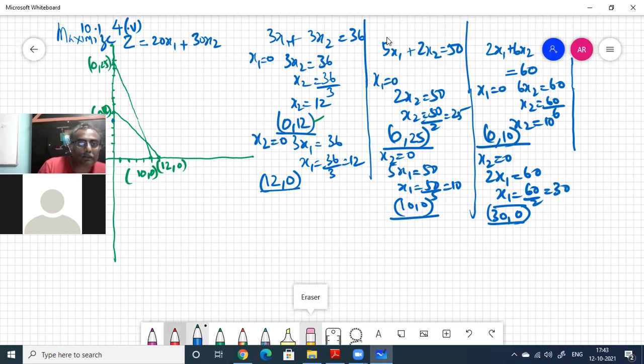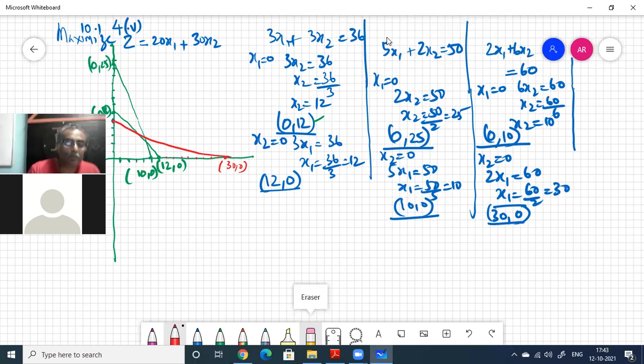Let's take this line 0, 10 and 30, 0. 30, 0 is going extremely far. 2, 4, 6, 8, 10, 12, 14, 16, 18, 20, 22, 24, 26, 28, 30. So this line goes from here to here. Okay. Like that, this line has gone.